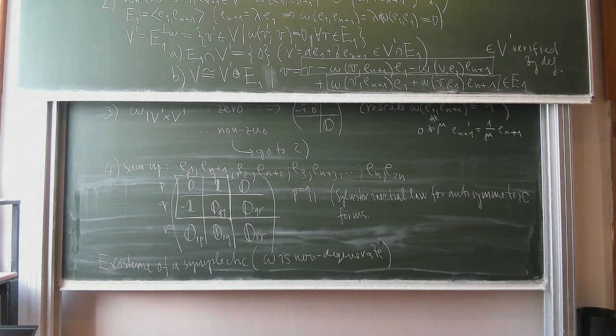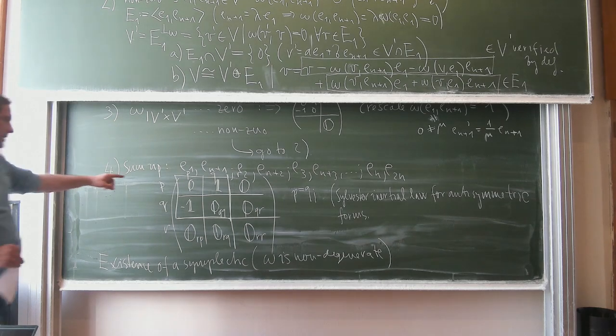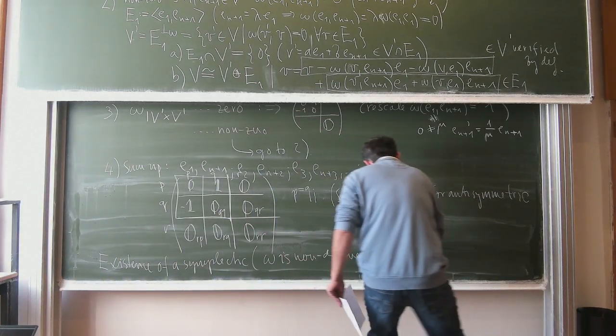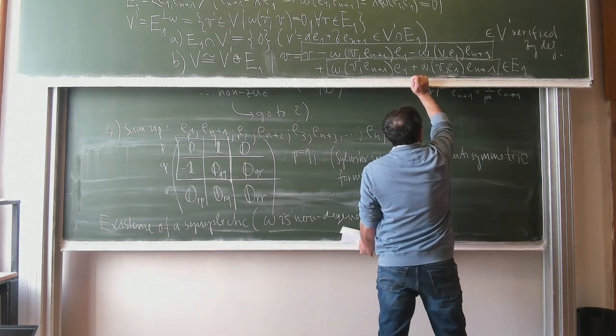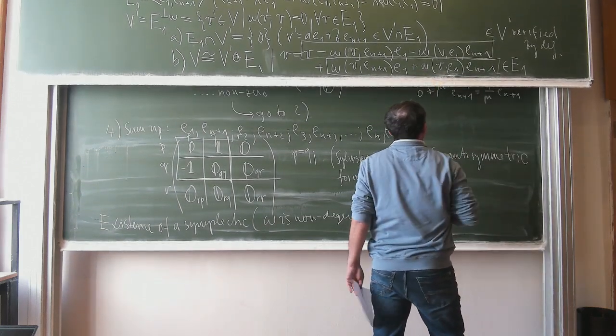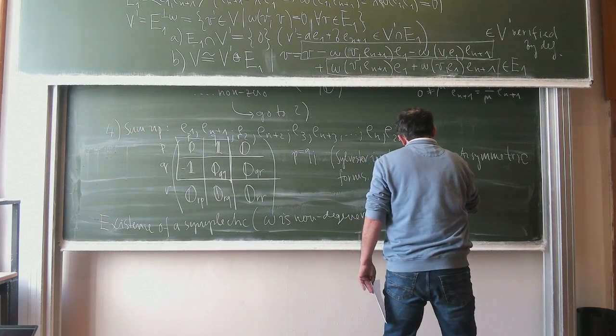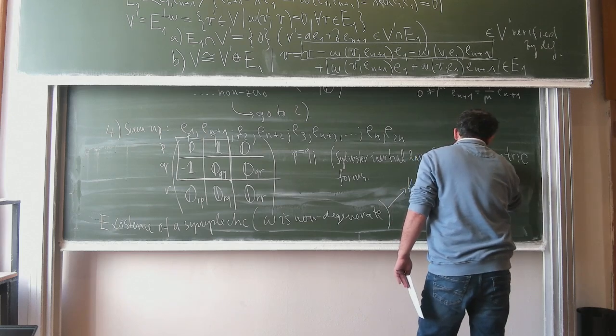But such a matrix has a hull, a non-trivial kernel, which is spanned by vectors of such a form.